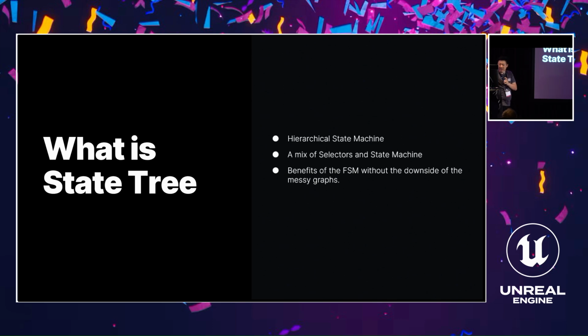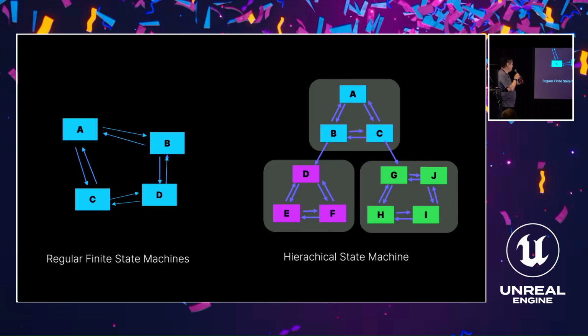So let me give you a visual example, right? A regular finite state machine looks like this. Like an anim graph, you guys have done animation graphs before, right? In the old Unreal Engine 4 animation graph, finite state machines all look like this, but as it gets bigger, it gets messy, right? So a hierarchical state machine helps you group them, and it allows for hierarchy as well.